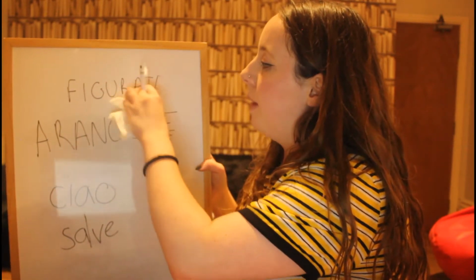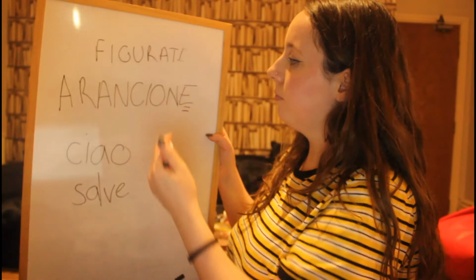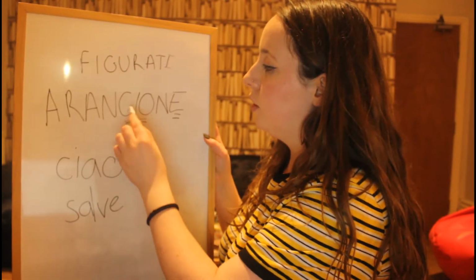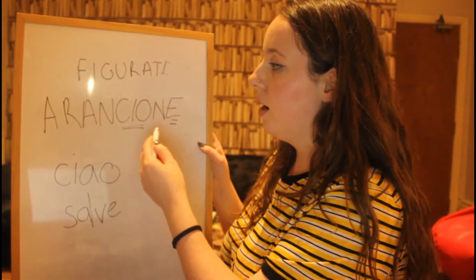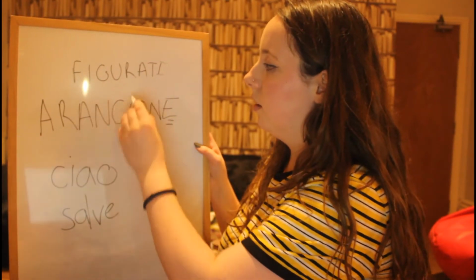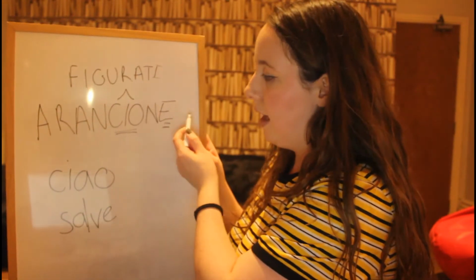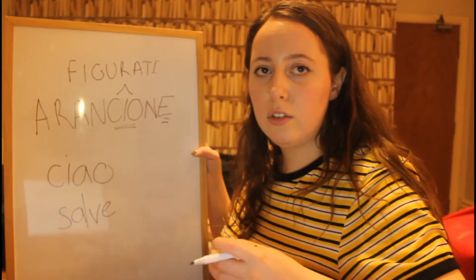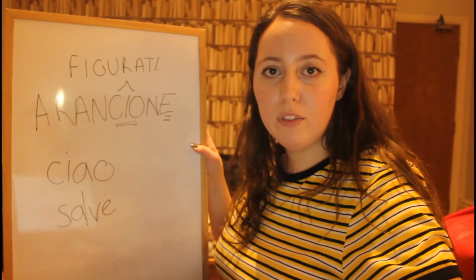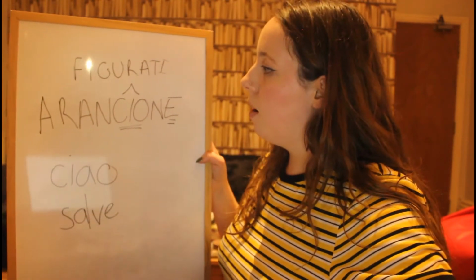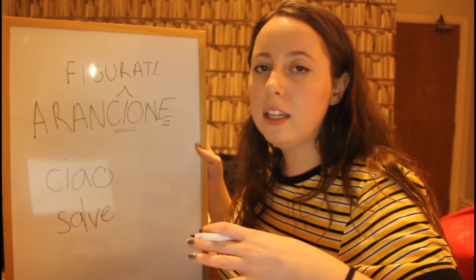And so back to arancione, it's the same. You want to make sure that you're placing the emphasis on the cio section of this word. Arancione. Put a little arrow there to show arancione. Because strangely, it can change the meaning of the word in certain circumstances. Rare, but it does happen. But more frequently, it doesn't change the meaning.